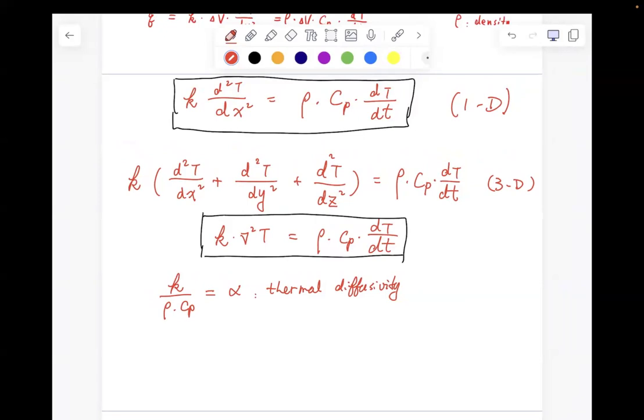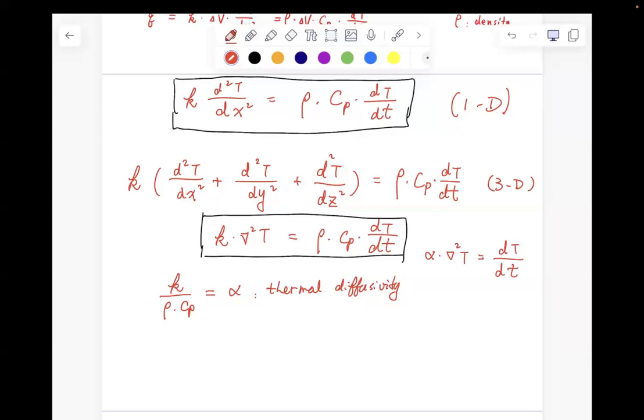And then if we use this combined parameter, then this equation in the black box can be rewritten as the thermal diffusivity times the second derivative of the temperature equals the temperature change with respect to time.